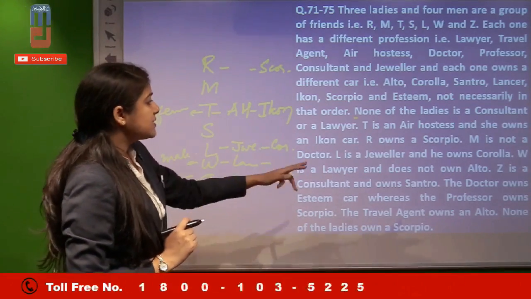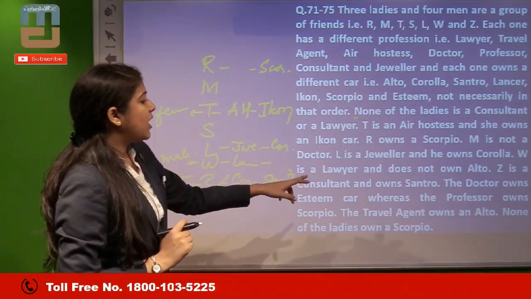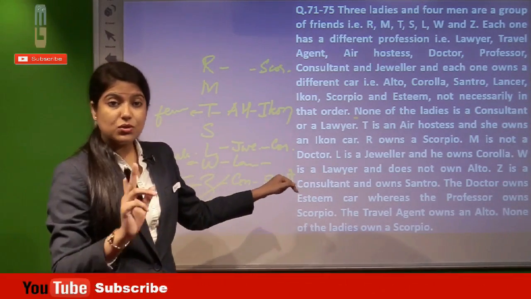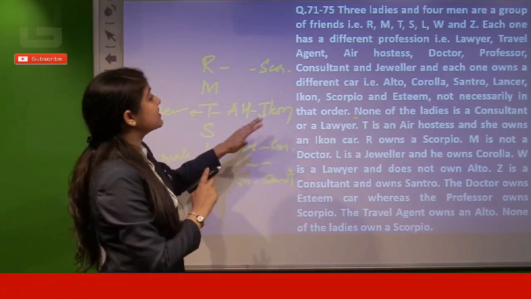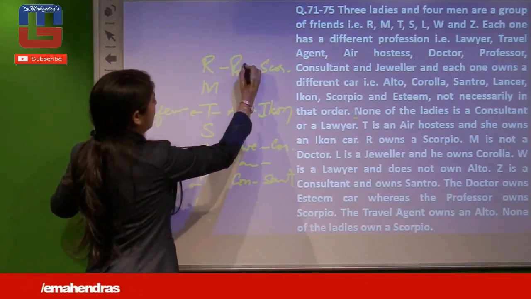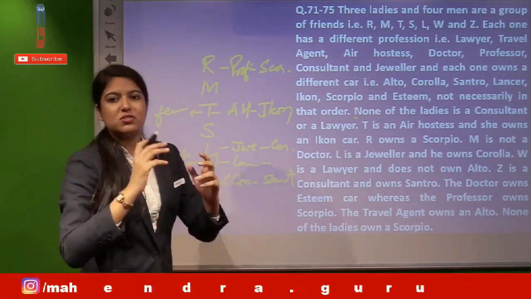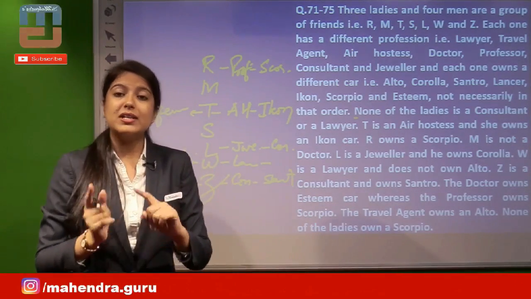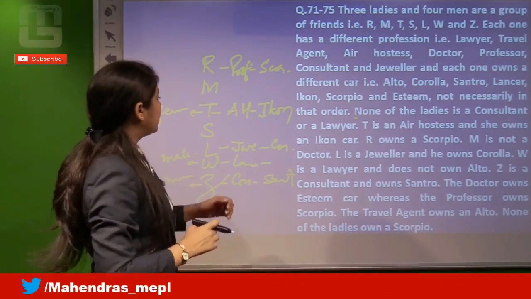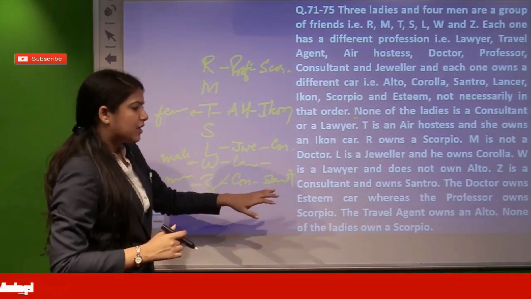Next part says doctor owns Esteem car whereas professor owns Scorpio. Doctor owns Esteem, professor owns Scorpio, and as per the previous condition we have kept R for Scorpio. Definitely R's profession is professor, because professor owns Scorpio, and if R owns Scorpio, that means R is a professor. Now doctor owns Esteem.